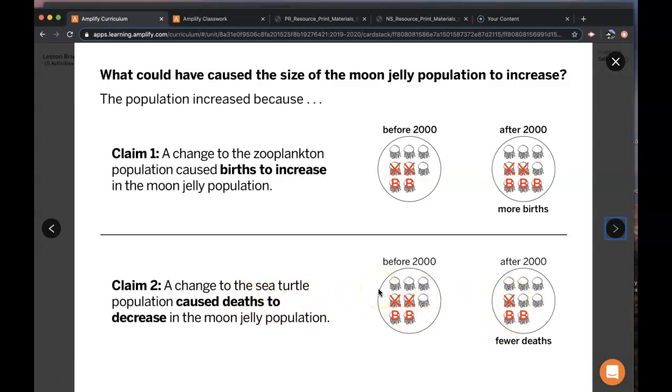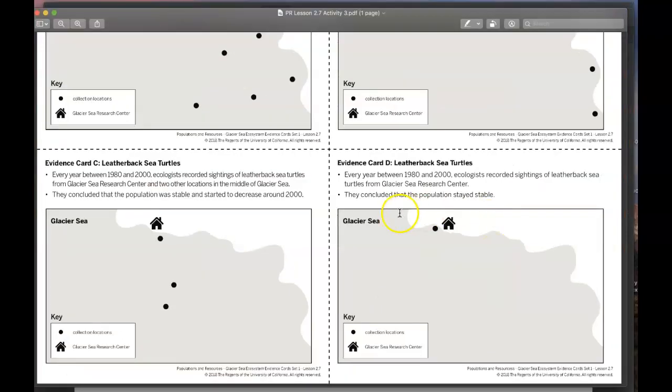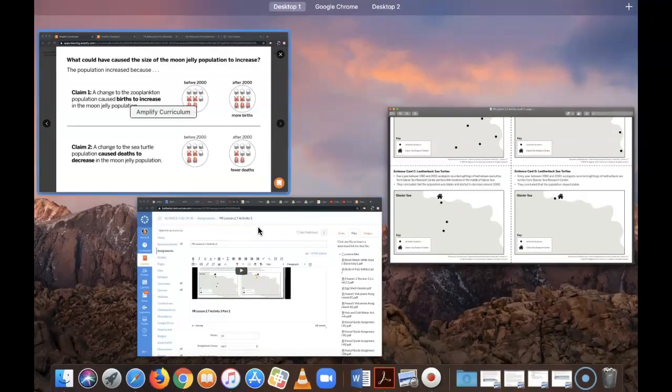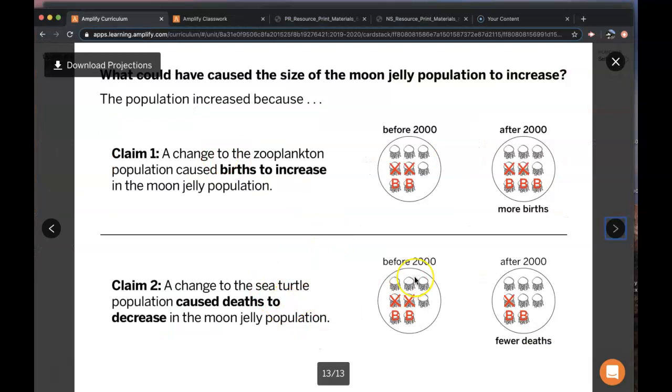But evidence card D is different. It says that it's stable. So we can't really eliminate claim 2 because evidence card C supports it. Evidence card D doesn't support it, but we do know that both evidence cards C and D are not strong evidence.